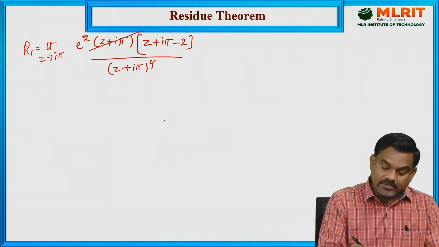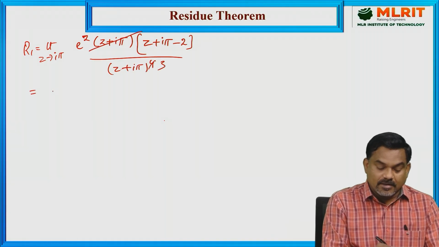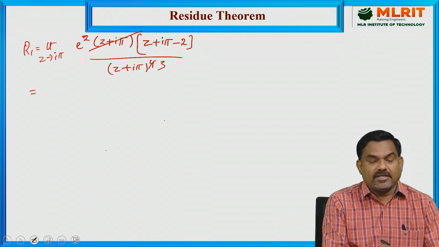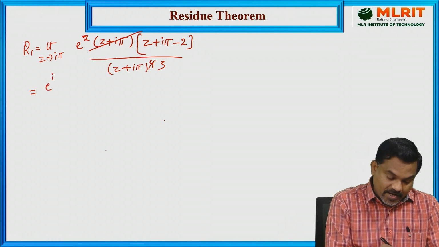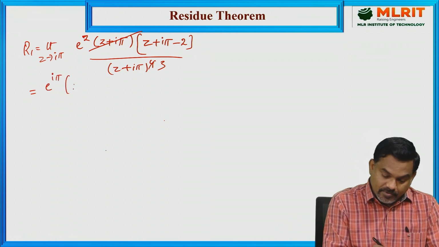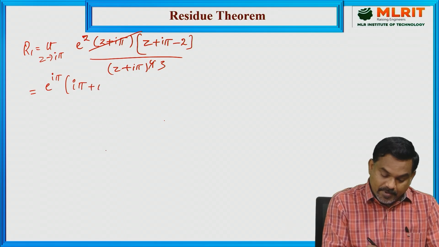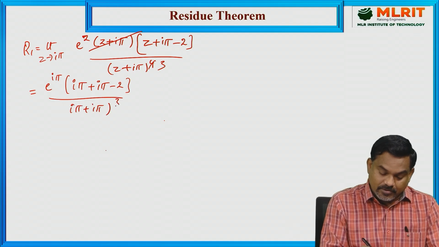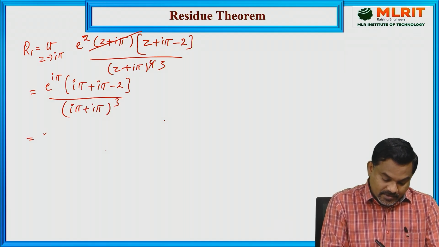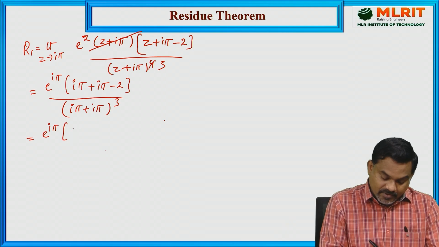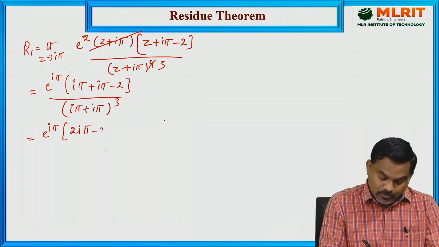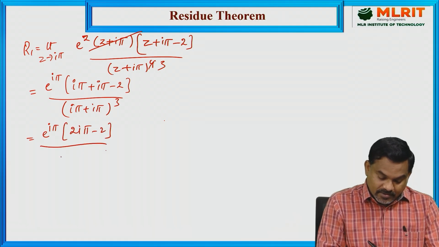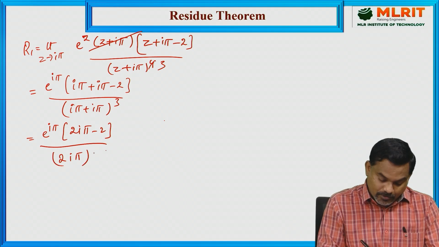So applying z tends to iπ, e power iπ into (iπ plus iπ minus 2) by (iπ plus iπ) whole cube. So this is e power iπ (2iπ minus 2) by (2iπ) whole cube.